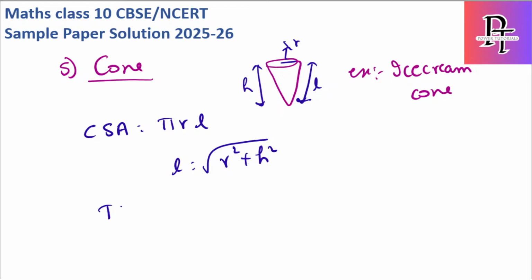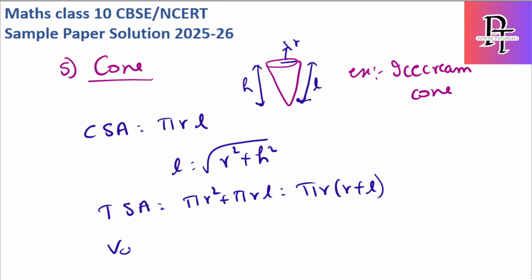What about TSA? We have to consider the top area, which is pi r square, so it will be pi r square plus pi r l, or simply pi r into r plus l. Then we have volume. Volume of cone is 1 by 3 pi r square h.